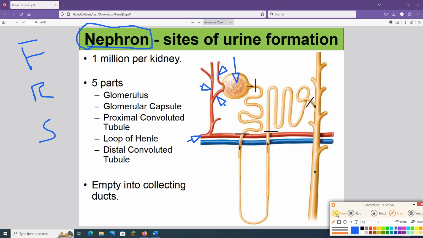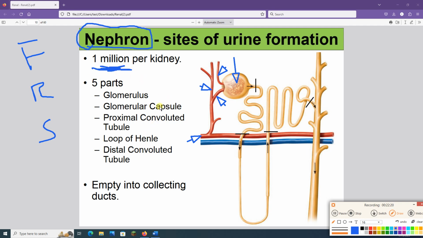Collectively, that means in the nephron, I'm doing urine formation. Nephro means kidney. A kidney doctor is a nephrologist. So epinephrine, from on top of the kidney. All good, similar root words there. So the nephron is just a name for a thing in the kidney. It's where I do urine formation. You have about 1 million nephrons per kidney.